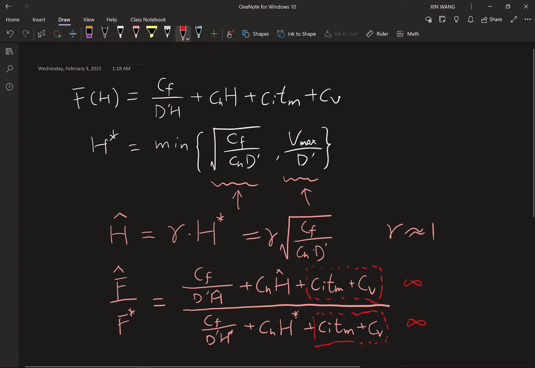The ratio is always 1. So without the derivation, we can tell that if we ignore the impact of these two constants, the estimated error of the objective should be larger. That means it provides the upper bound of the error. So in this sense, we just ignore the two constant terms.